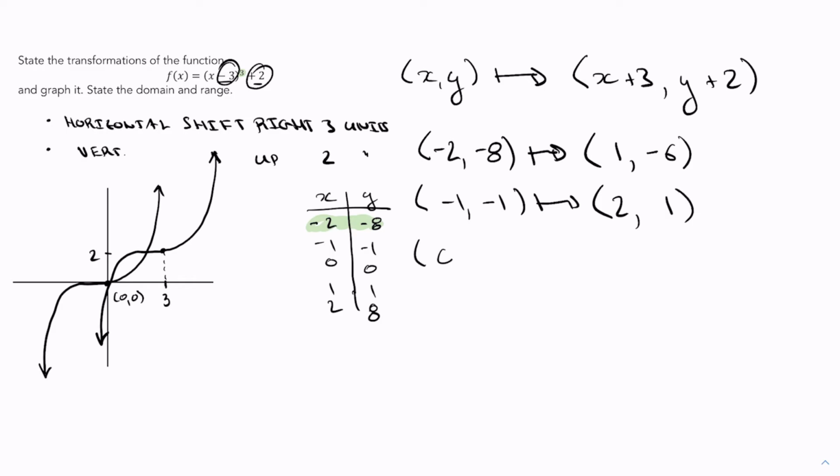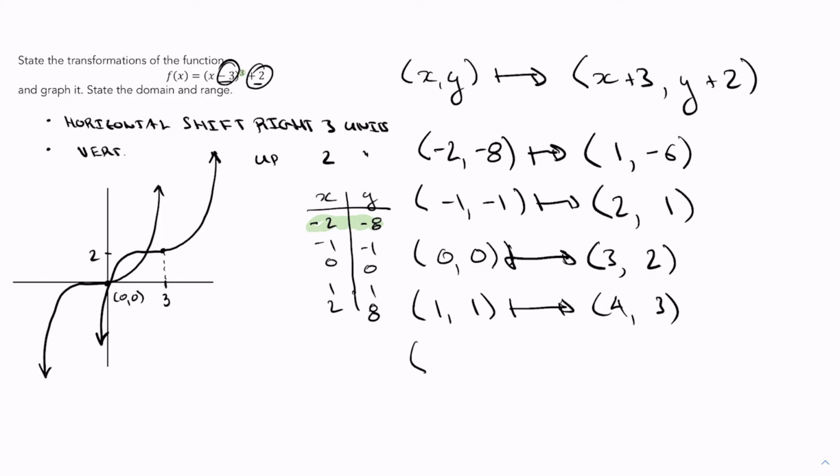And then I can go from (0, 0), and that goes to (3, 2), and then from (1, 1), that takes me to (4, 3), and finally (2, 8) takes me to (5, 10).